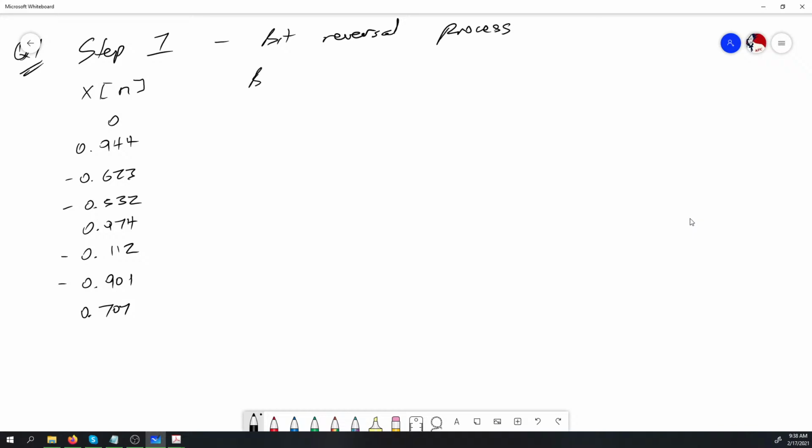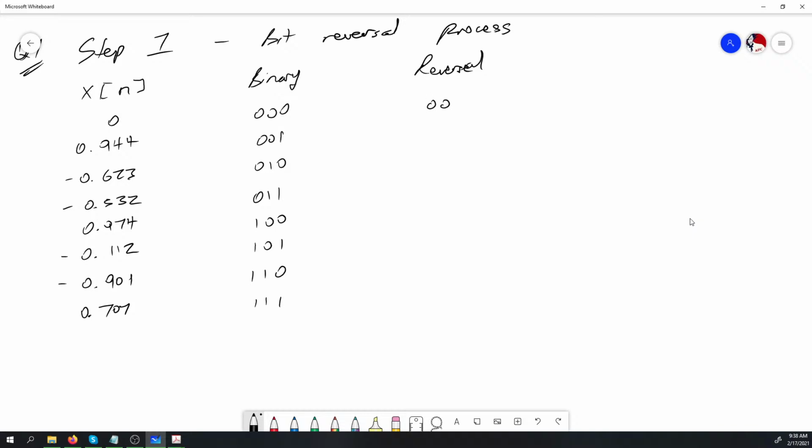We then obtain the binary representations of each one of these positions in the x of n vector. So this here would be 0, 0, 0, 0, 0, 1, 0, 1, 0, 0, 1, 1, 1, 0, 0, and so on. We then reverse the first and last bits of the binary representations of each of the positions of these values.